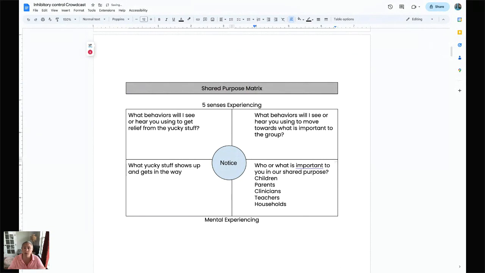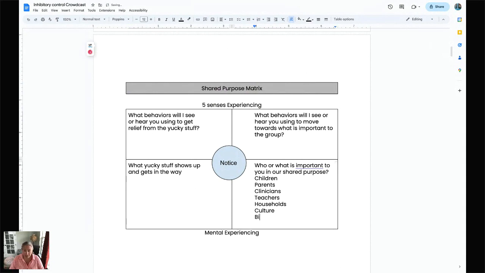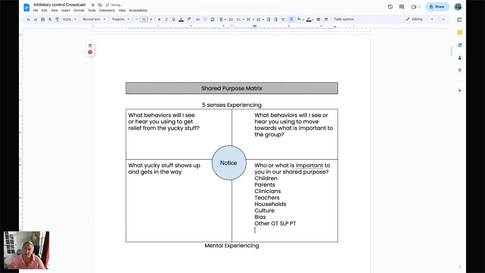Everyone in that household, that whole group of people, our cultures are important in this discussion. Our biases that we hold around how children are supposed to act, what we've grown up with. I think other therapists, like OT, SLP, are important in this conversation. PTs, right, we hear about it all the time.